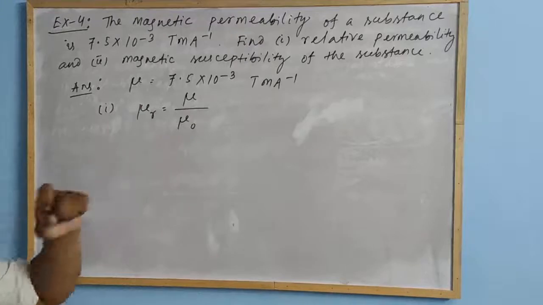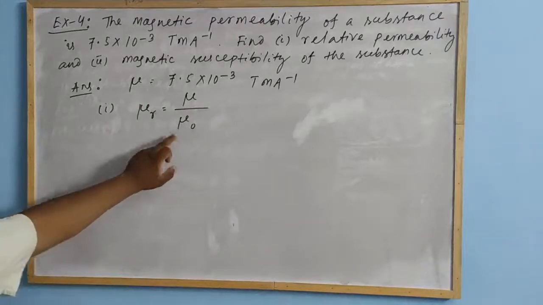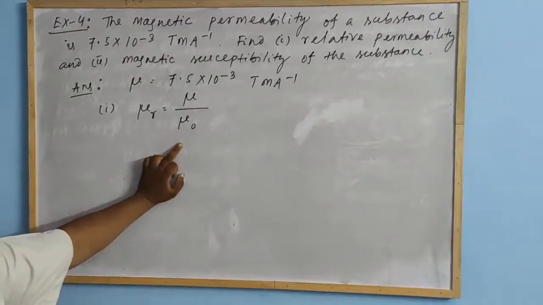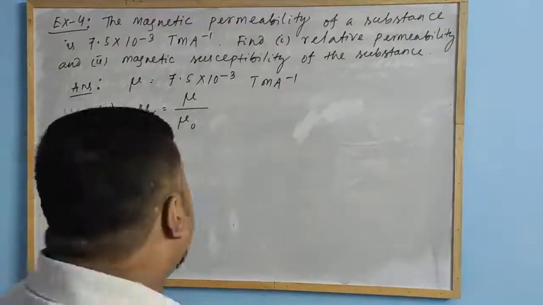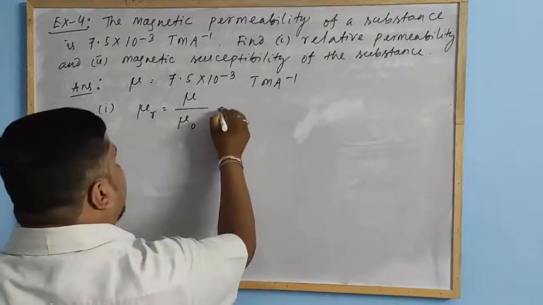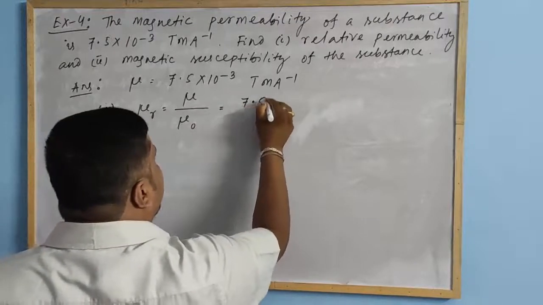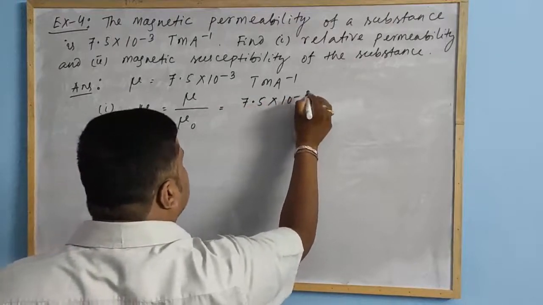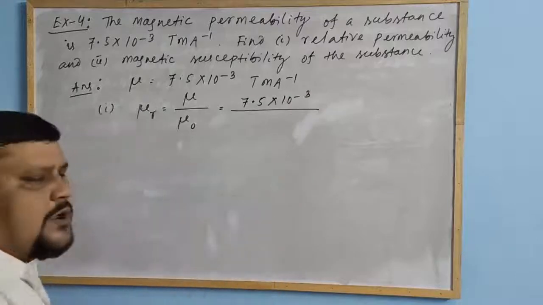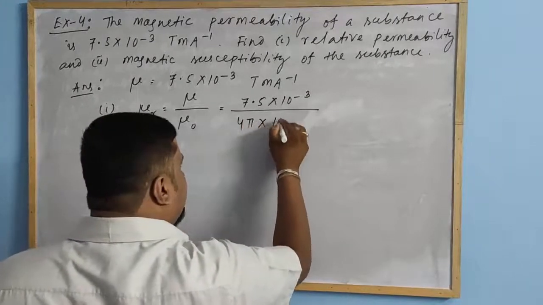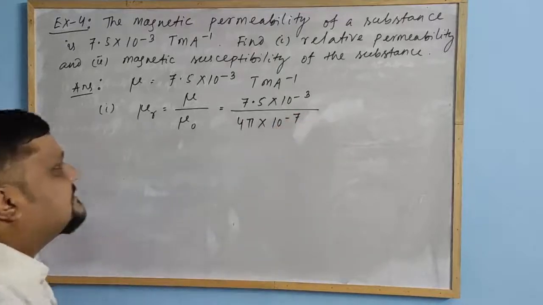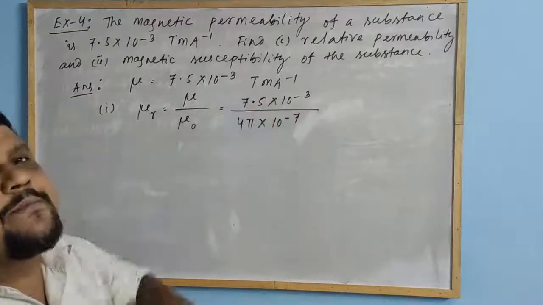What is this mu naught? Mu naught is the absolute permeability of free space. If you put this in, you will get 7.5 into 10 to the power minus 3 divided by, what is mu naught? Value 4 pi into 10 to the power minus 7. Same unit, that is Tesla meter ampere inverse.